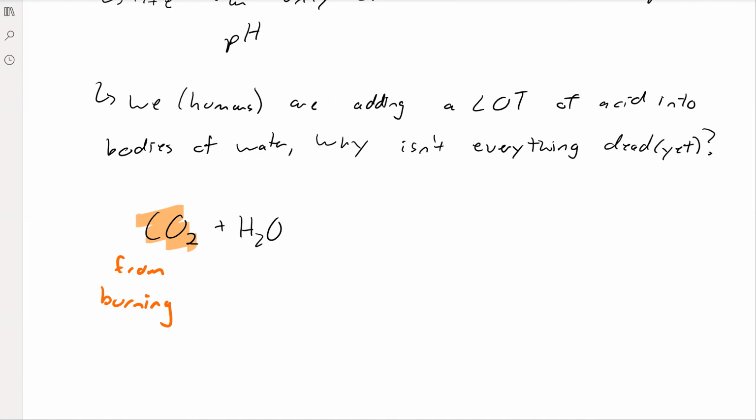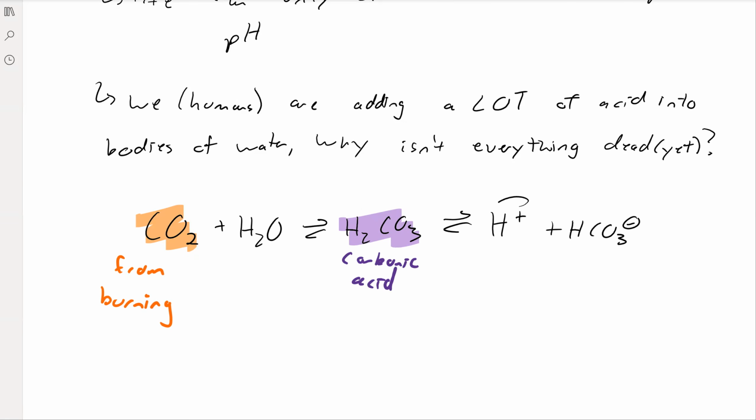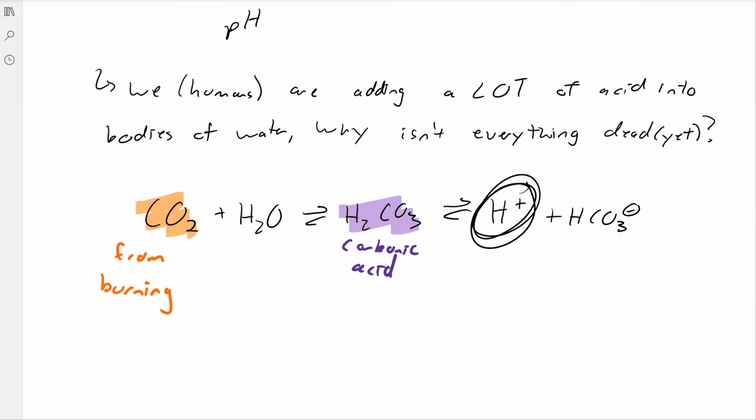This then combines with water either in the air or in the ocean. It then becomes H2CO3, which is carbonic acid, which, as the name implies, acts as an acid and releases H+ and bicarbonate. And so we have that H+, that's then acidifying the ocean and whatnot.